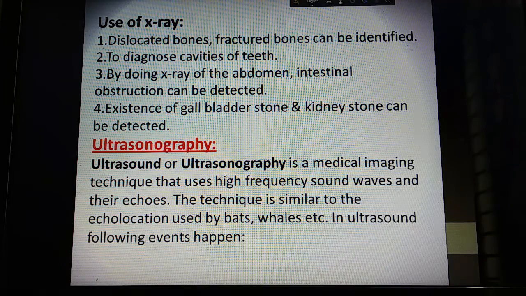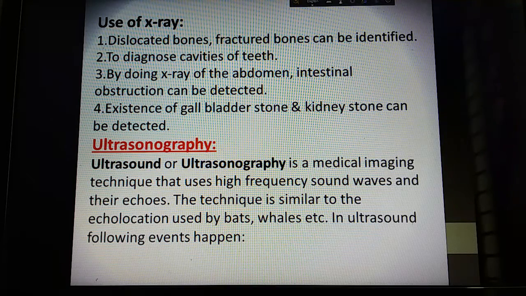So ultrasound is related to bats, whales, and their movement. The technique is similar to echolocation used by bats, whales, and some other kinds of animals. This procedure is also used by sonometer.